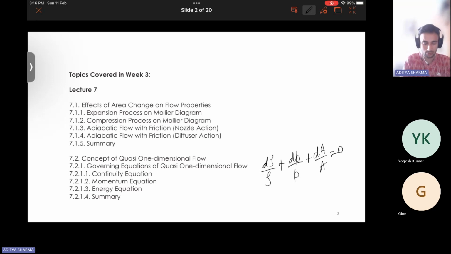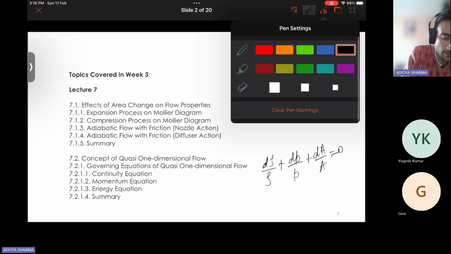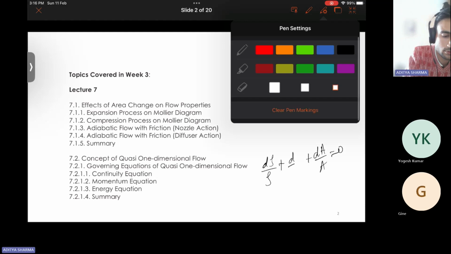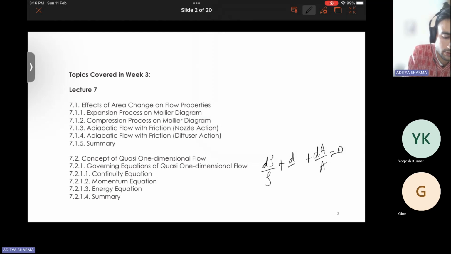I have also gone through the slides, and for myself I also have prepared some notes. The formula for mass flow rate is rho A V, so it is linked to that only.